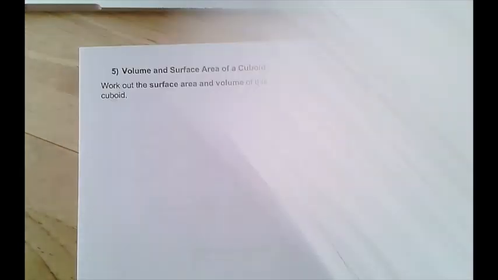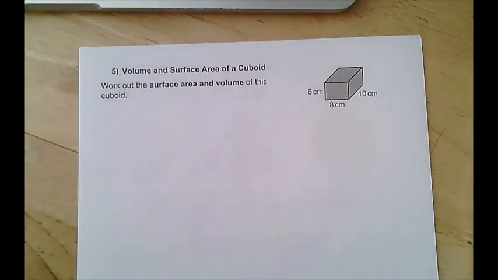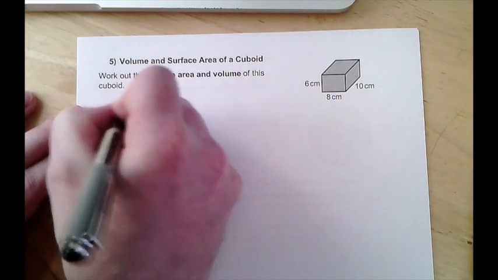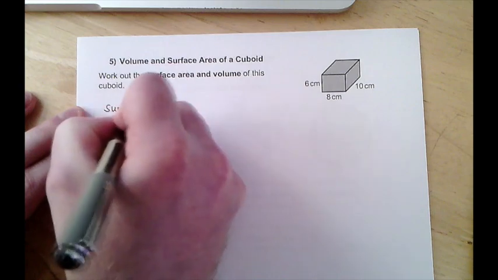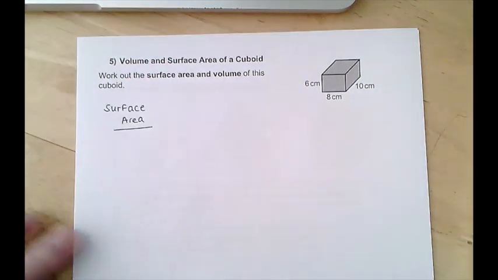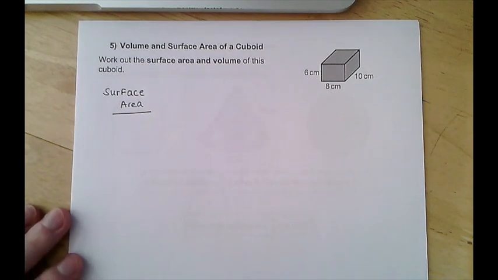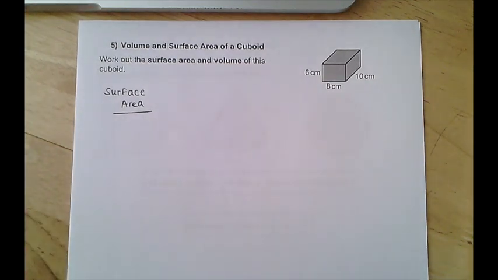Okay, the next question is basically asking you to find the surface area and the volume of a cuboid. Now, I'm going to do surface area first. We should know from the lessons that we've done, and actually from year 7, 8 and 9, that for a cuboid, the faces come in pairs.